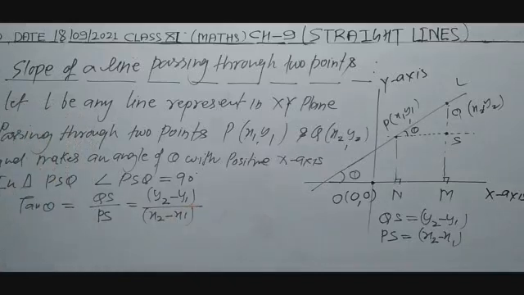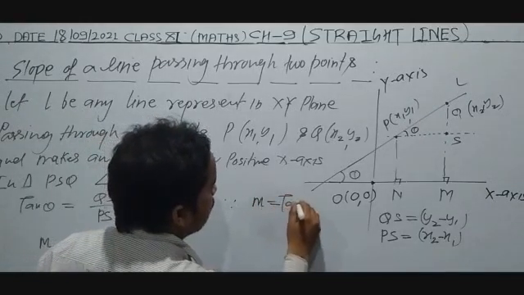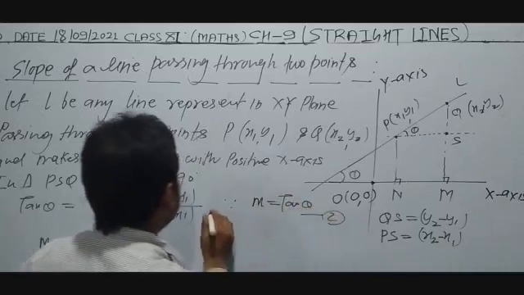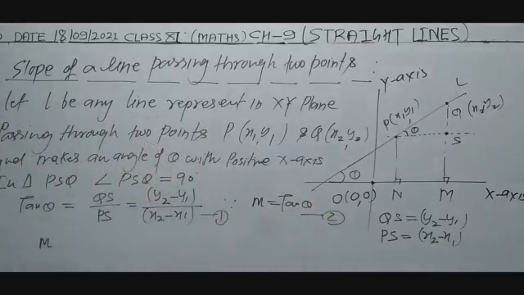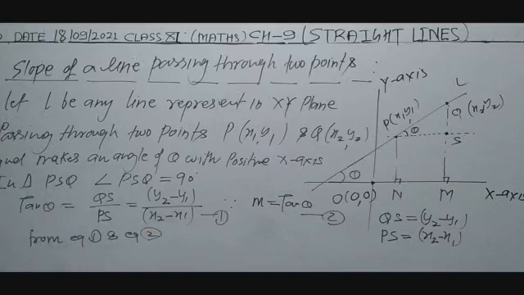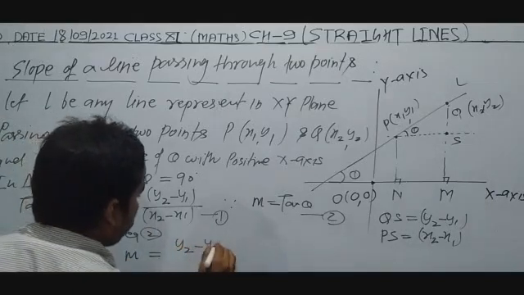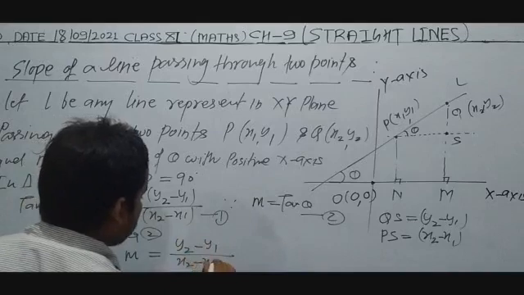And you know tan theta value is m, this is the slope. So since m is equal to tan theta, consider equation 2 and equation 1. Then from equation 1 and equation 2, you can get the value of m, and the m value will be y2 minus y1 upon x2 minus x1.